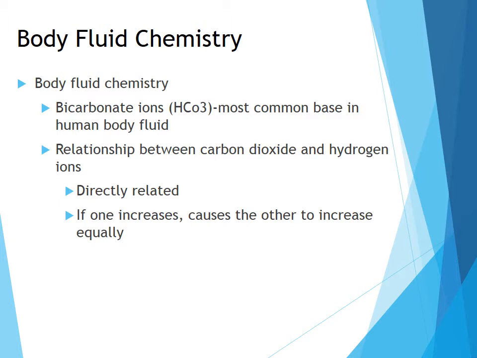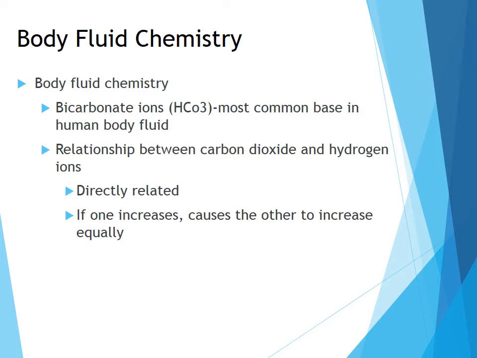Body fluid chemistry is the next thing we will talk about, and that is a little bit different than your acid-base chemistry. Body fluids contain many different types of acids and a few types of bases. The most common base in the human body fluid is bicarbonate, or HCO3. The relationship between carbon dioxide and hydrogen ions is very important in body fluid chemistry.